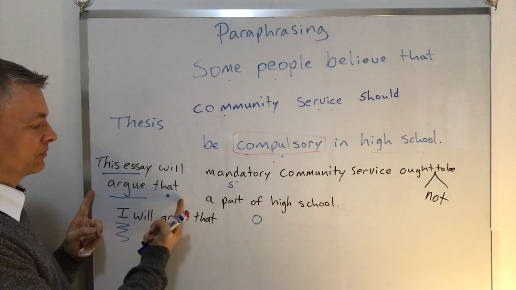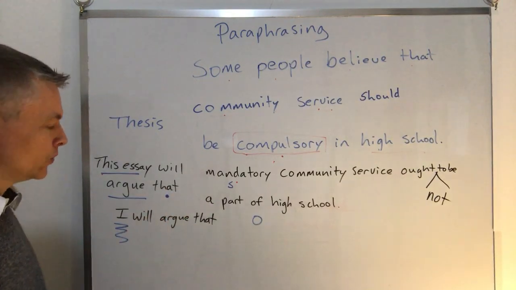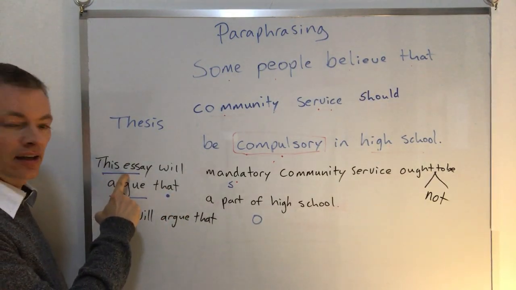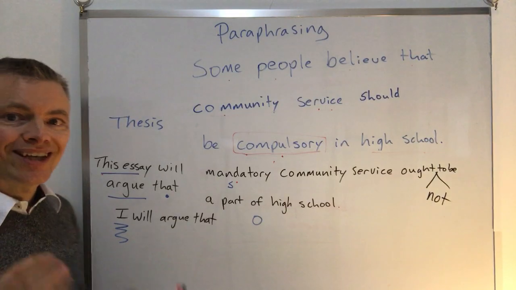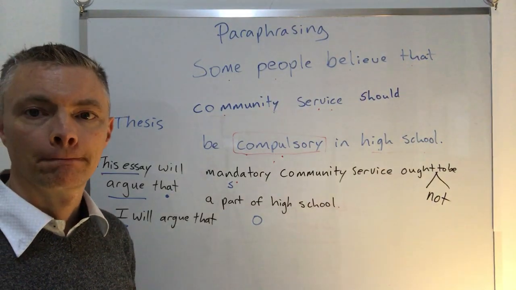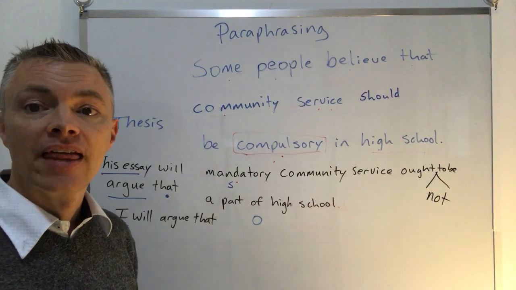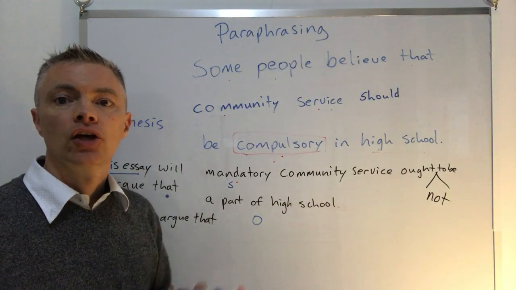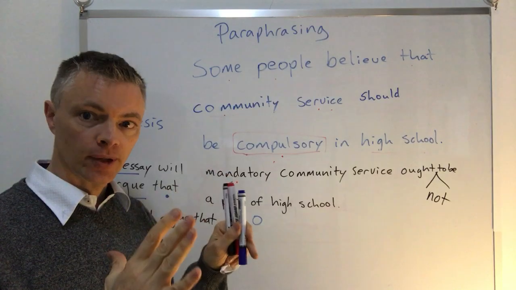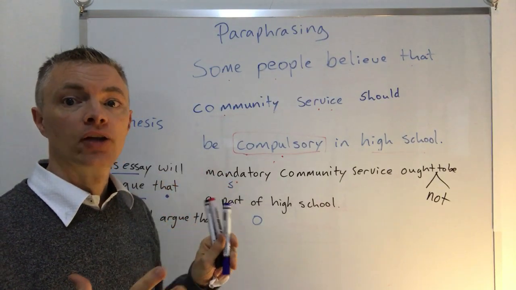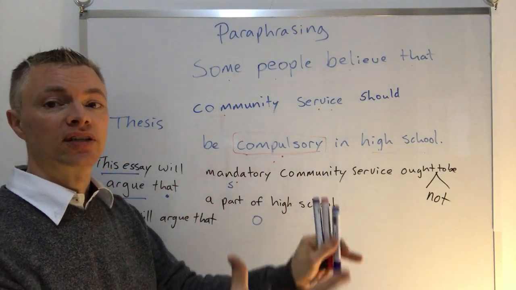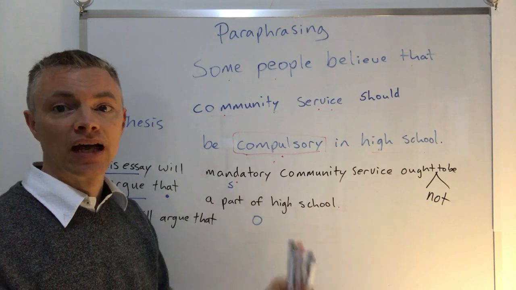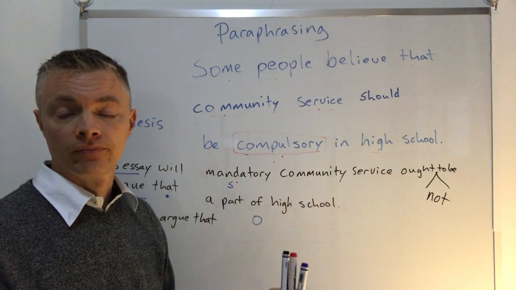This essay will argue. Why do we say this essay and not I will? You can say I will, but this essay is a way in academics to show that you're creating an argument with research and you're putting it into the research community for the essay to be analyzed or used.